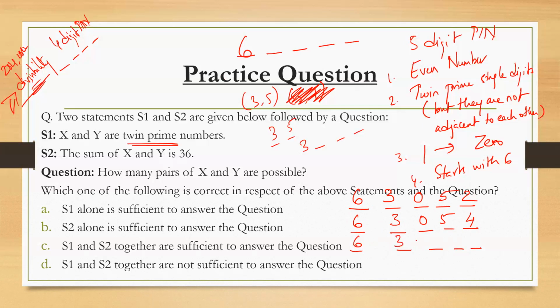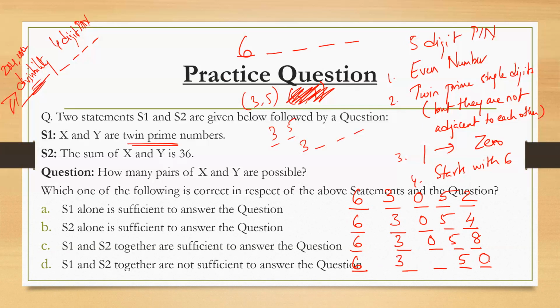So here it has to be 6 3 0 5, and next will be not 6, 8. Now apart from this, any other possibility? There is: here 6, here 3, here 5. What if I write 0 here?